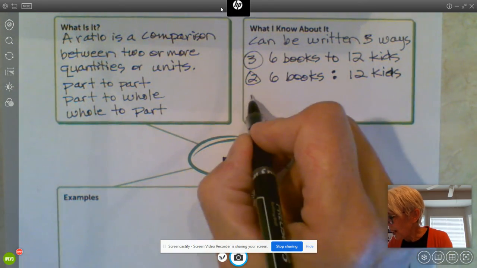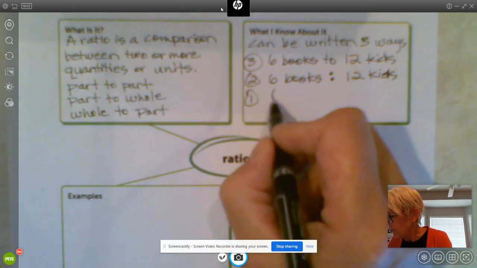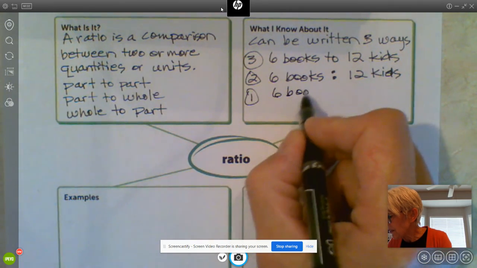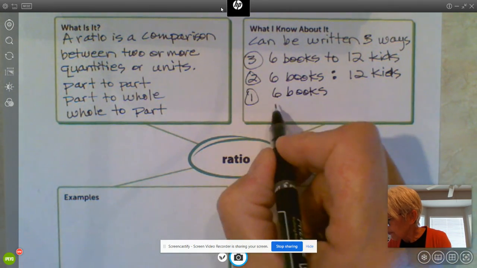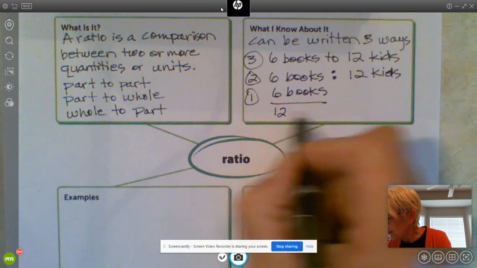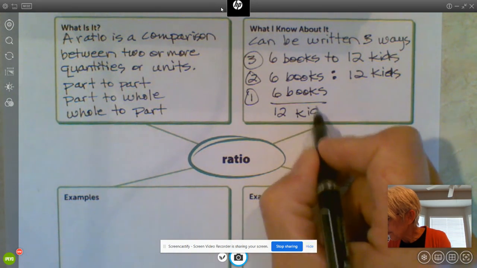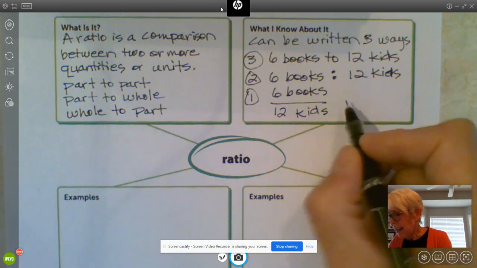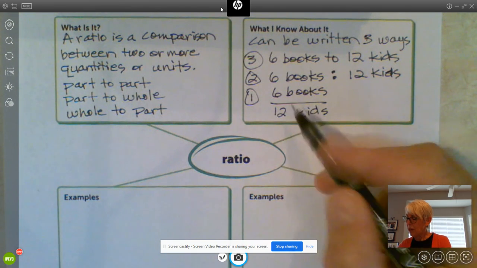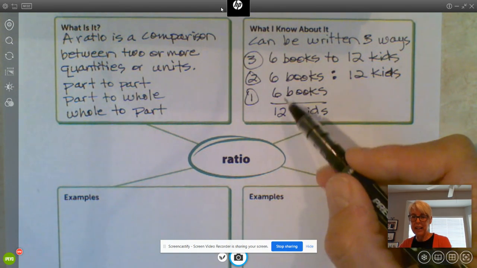We could also write it so that it looks like a fraction. 6 books over 12 kids. And I know that this is a fraction that can be simplified.